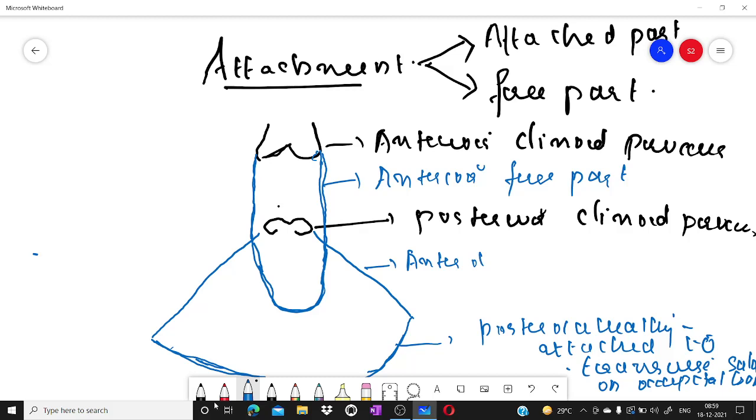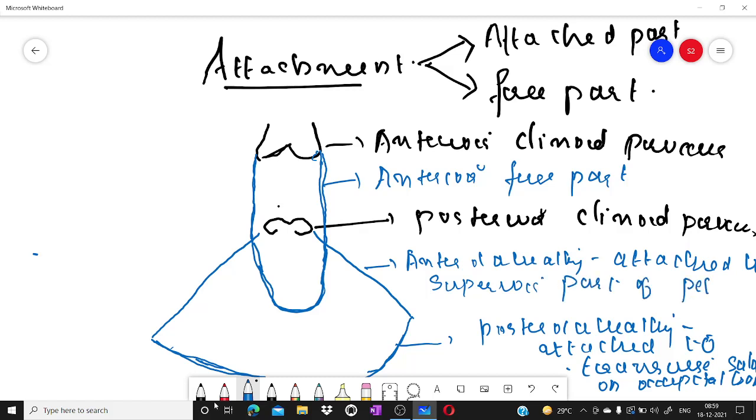And it is also attached to the posterior clinoid process.